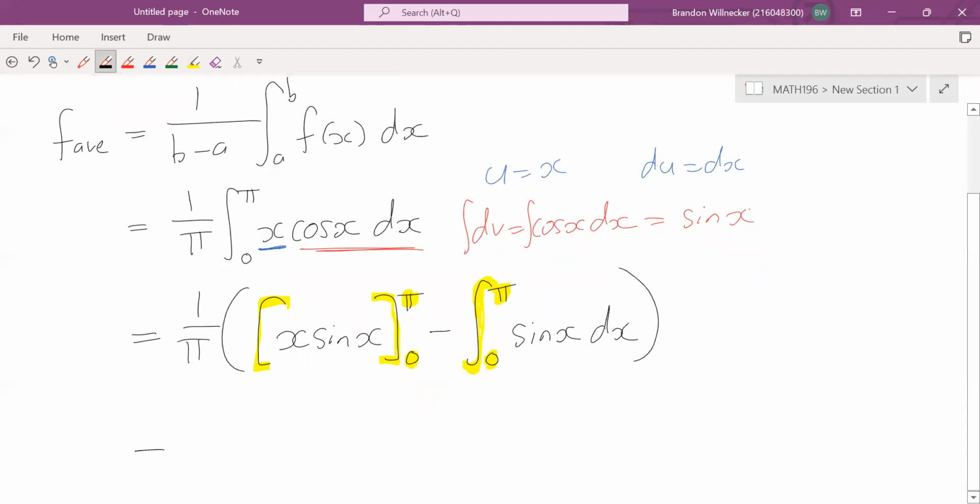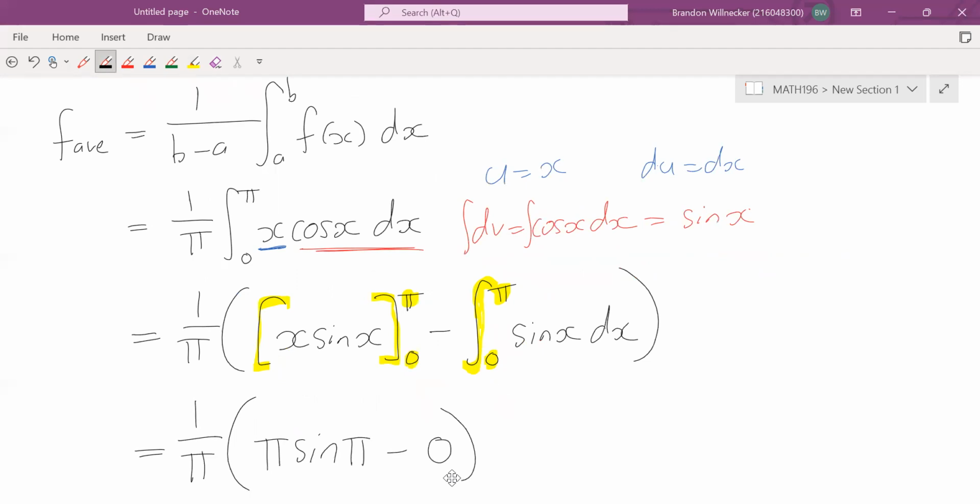Okay, so in this case, we're going to have 1 over pi. So we're going to have pi times the sine of pi minus 0. Okay, so that's for this first part, minus the second part, we can multiply this.